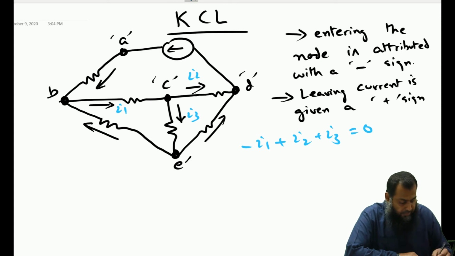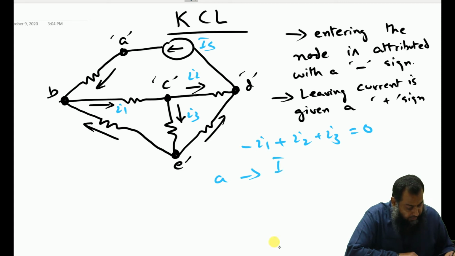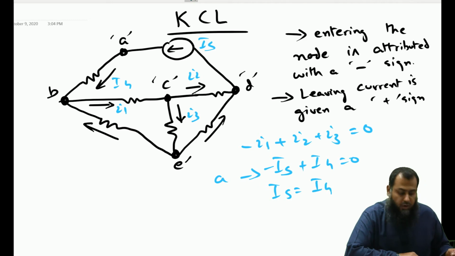Similarly, if I want to write for node A, we have this current, let us say this is IS. This IS is entering the node. So we have minus IS plus I4, that is equal to 0, or in other words IS equals I4.